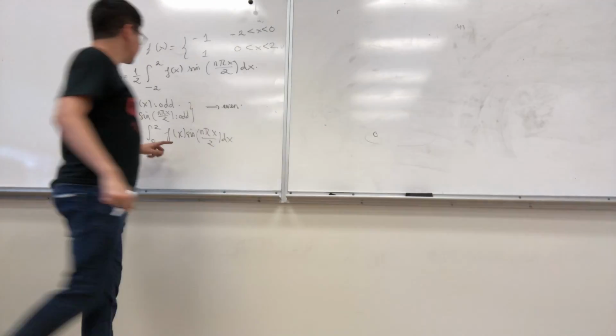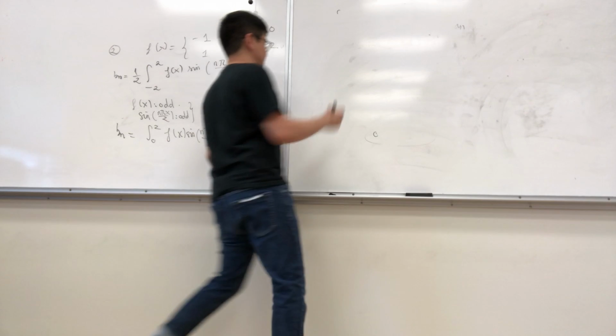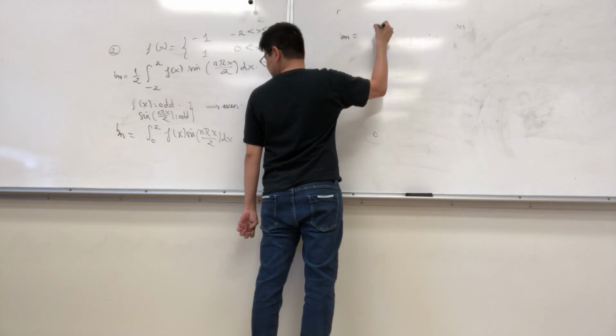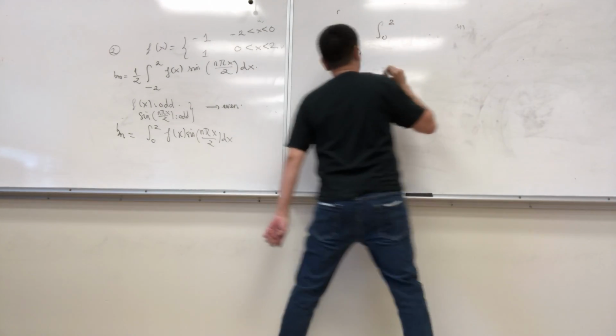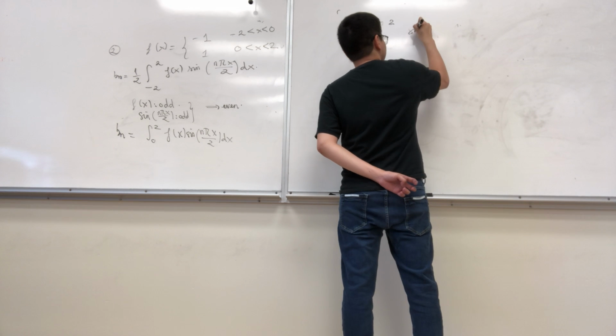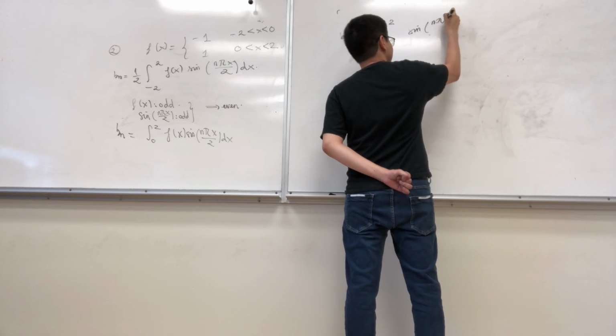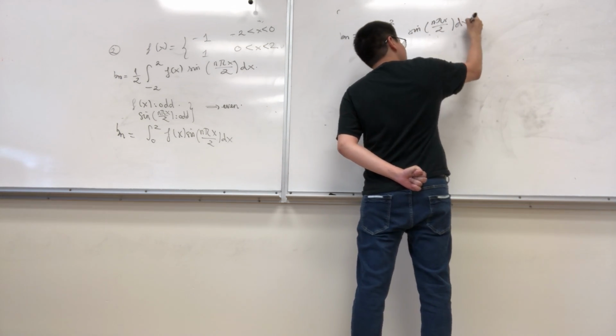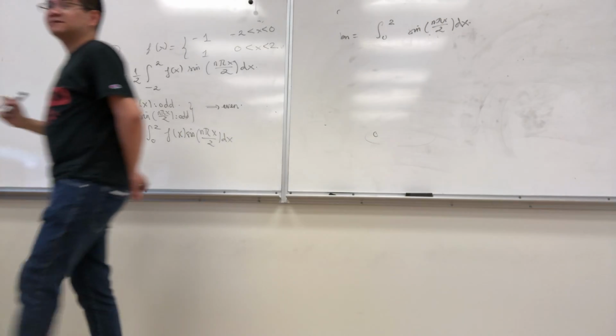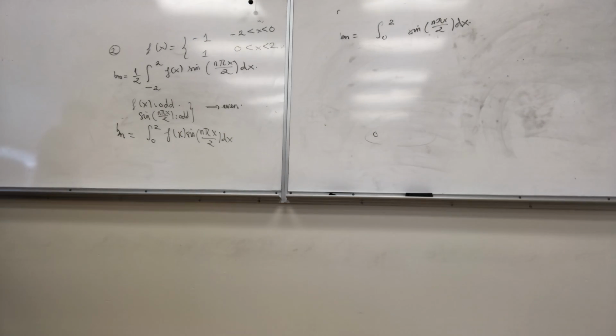Right, in this case, f(x) is 1, so b_n will be the integral from 0 to 2 of sine of n pi x over 2 dx. What is the antiderivative of this? Yes? 2 over n pi times negative cosine of n pi x over 2.